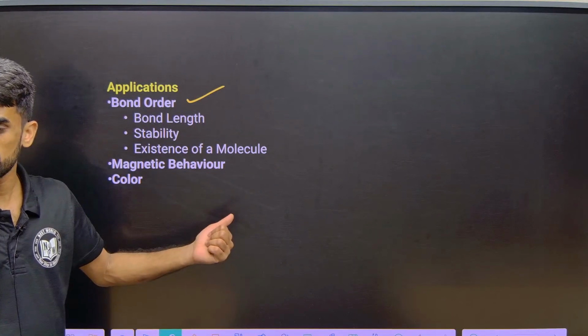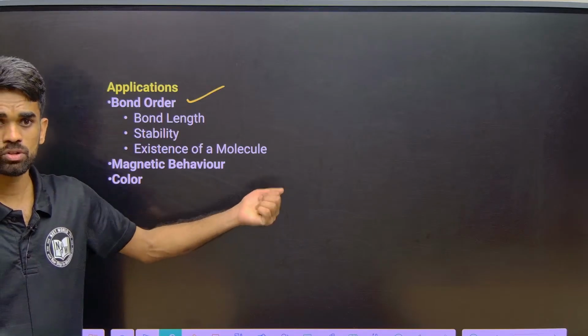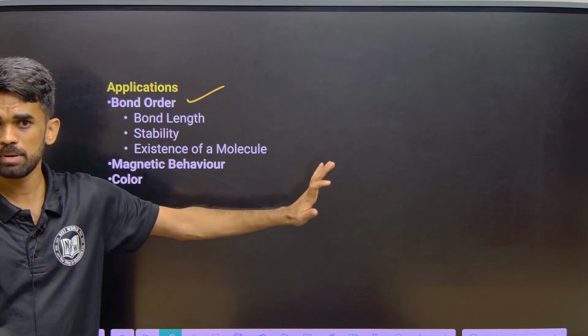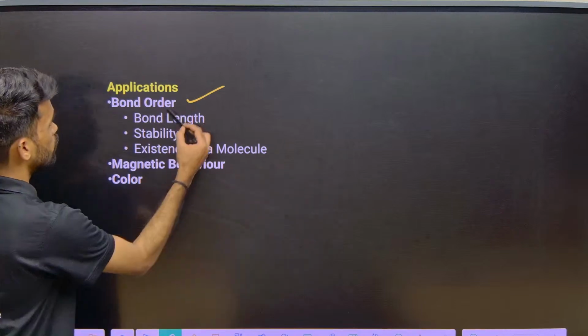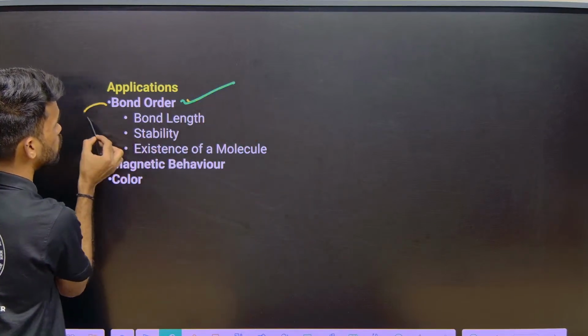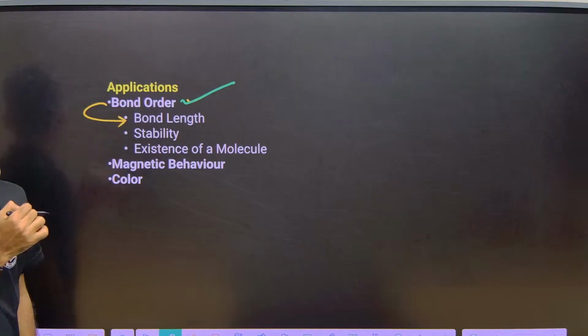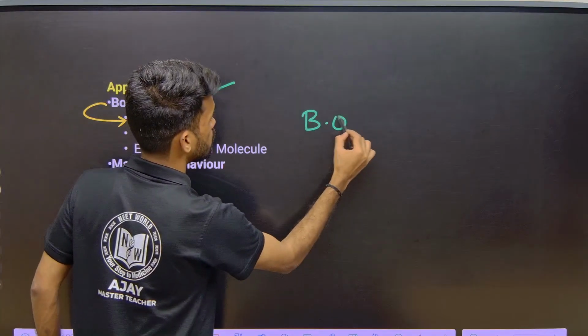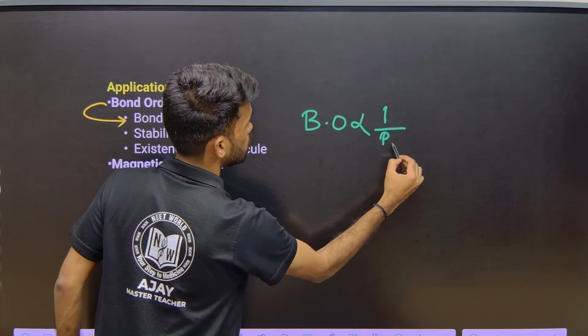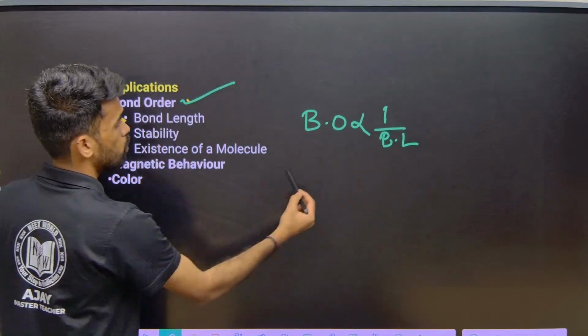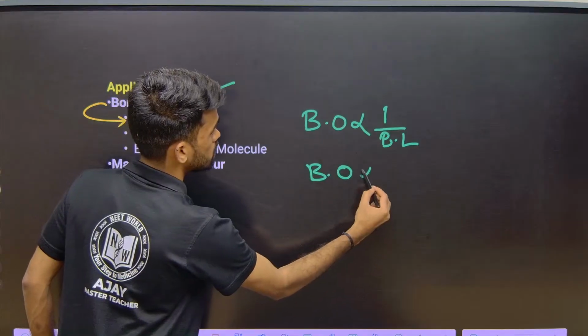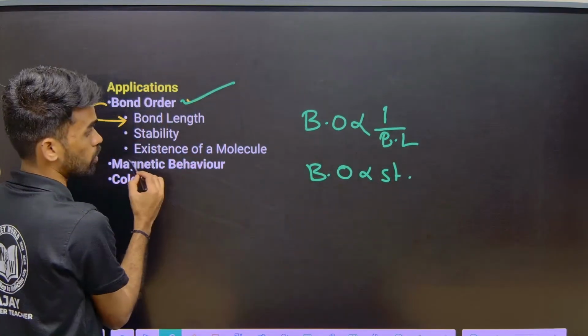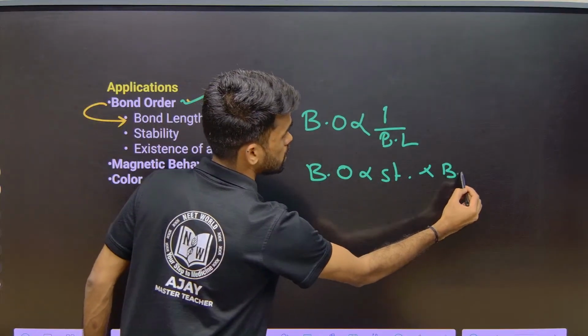What is the formula I told you? Half into BMO electrons minus ABMO electrons, that's it. After getting bond order, you can arrange them by bond length. Bond order is inversely proportional to bond length. Bond order is directly proportional to stability. Bond order is again directly proportional to bond strength.